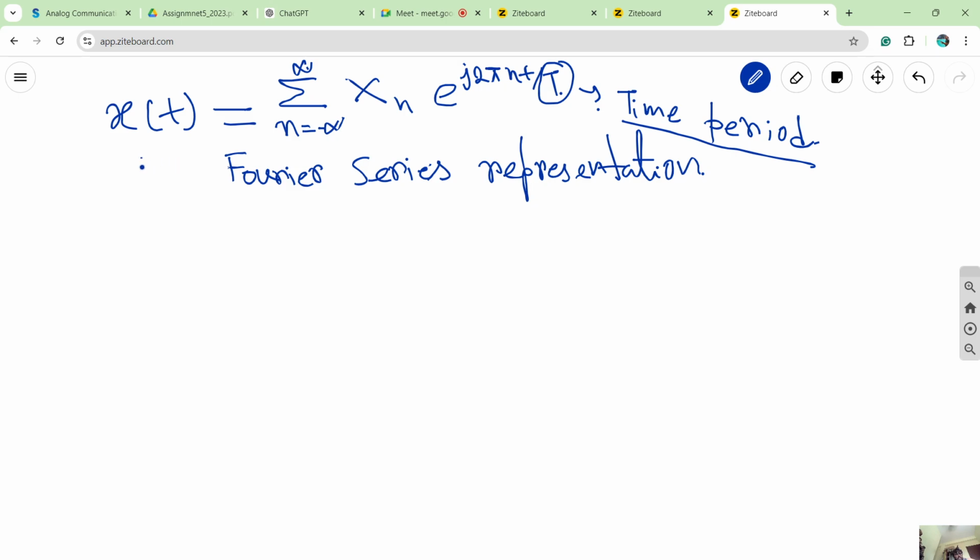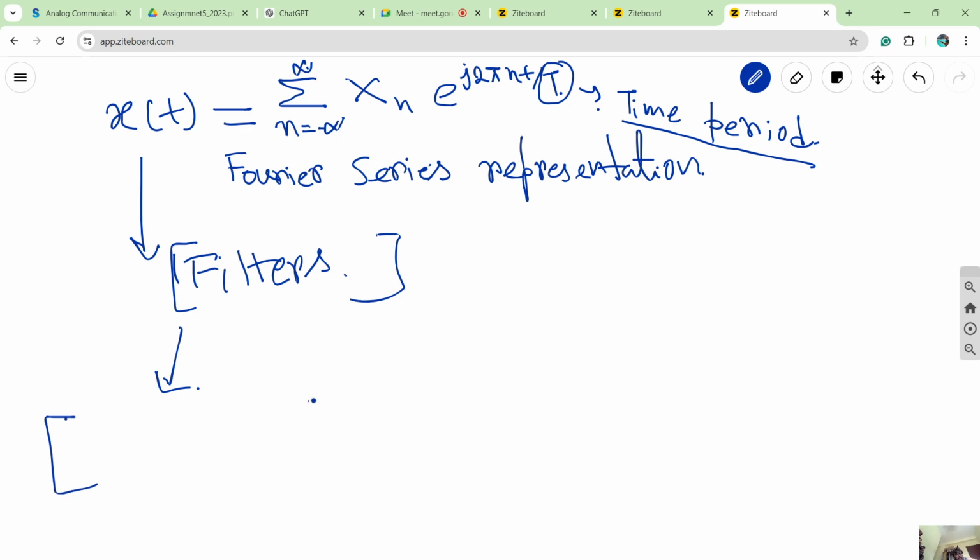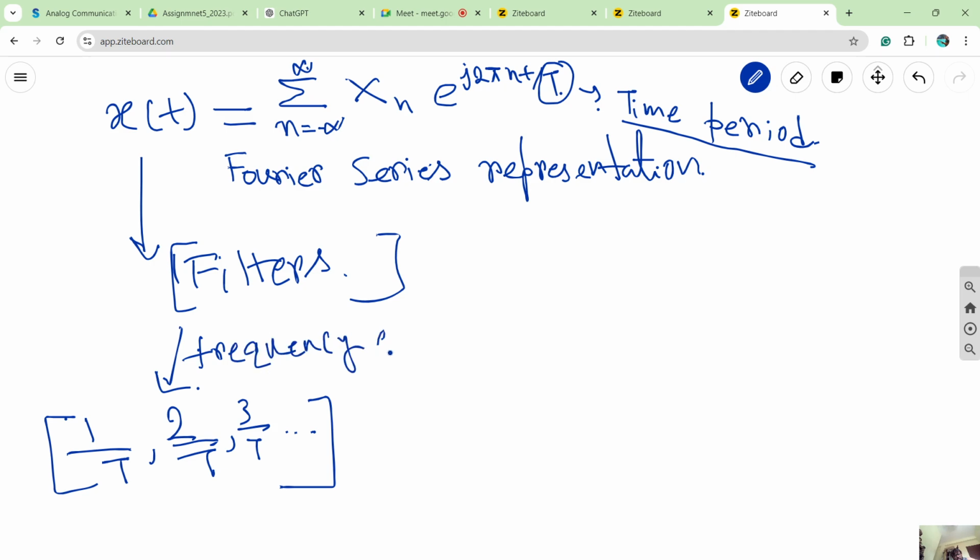Now, this signal is passed through particular filters. Center frequencies are at 1/T, 2/T, 3/T, and so on.